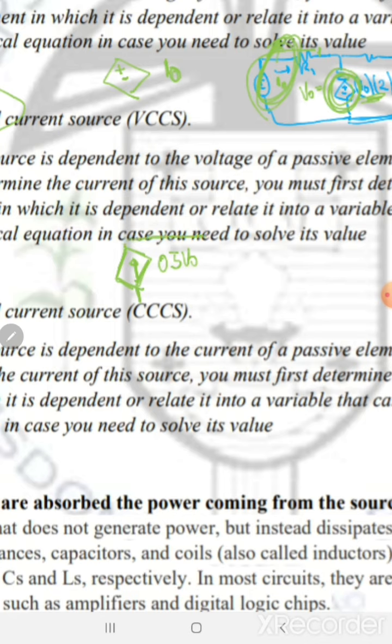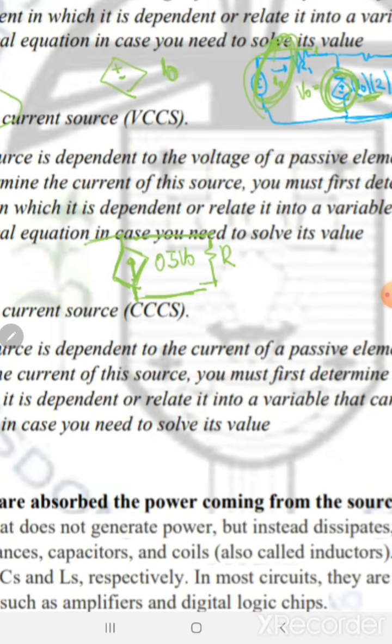So, let's say, this will be your node 1. So, sabihin natin may current yan. Tapos, meron tayong R dito. And then, meron tayong voltage. Positive, negative voltage, and then your resistance. Okay?